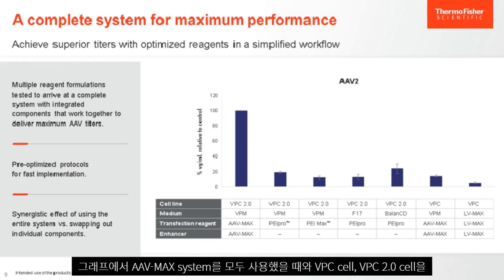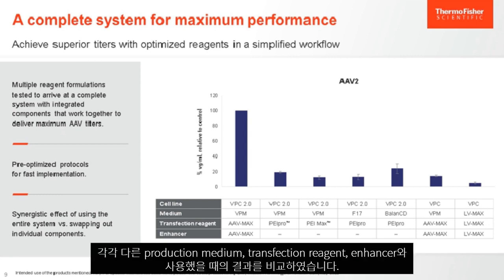And if we look at the bar on the left-hand side, indicating the entire AAV-MAX system, comparing that across various combinations of the VPC2 or VPC cell line with different production mediums, transfection reagents, and enhancers.